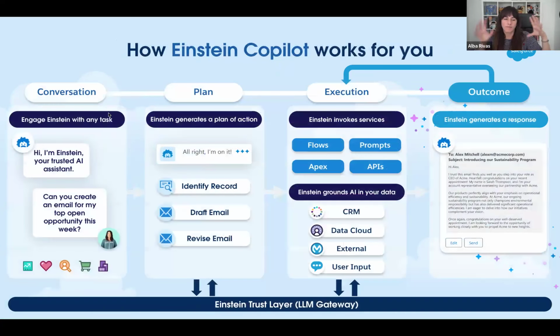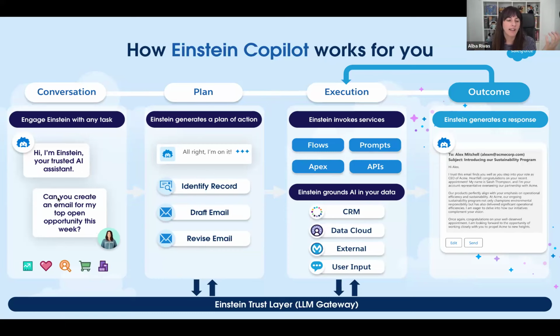So this is like a summary of how it works. So you open up the sidebar. It's also on a sidebar, same as Prompt Builder when you use the field generation templates, and you explain what you want it to do, right? So then Copilot is able of reasoning, this concept that we explained at the beginning.